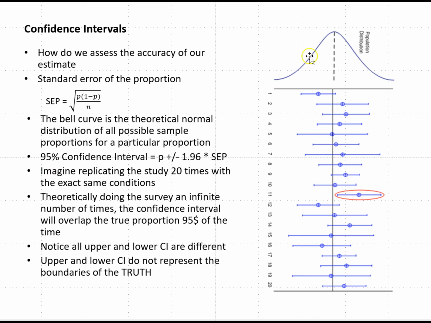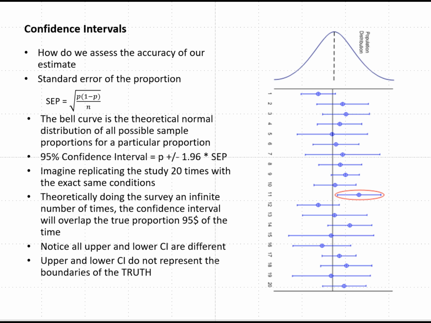I want to take a moment to talk about confidence intervals because I think there's a lot of confusion around them. In this case, we're going to look at proportions. The standard error of the proportion, so a proportion like the job satisfaction at 70%, you have P, which is the proportion.